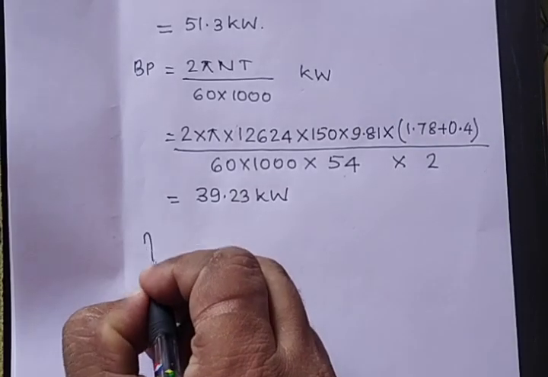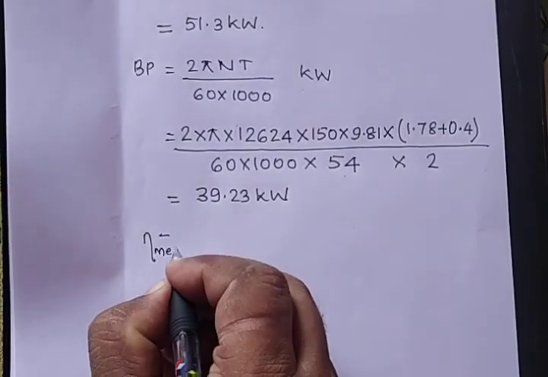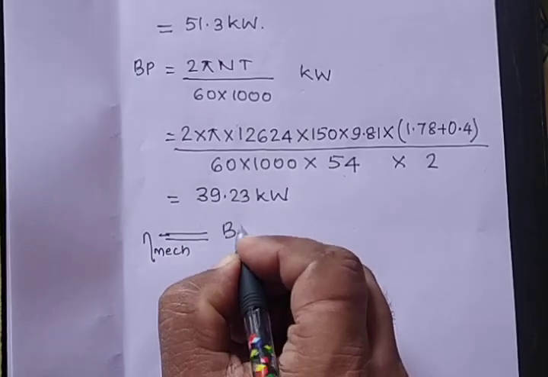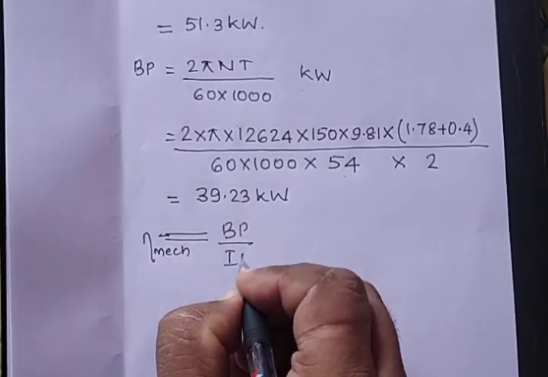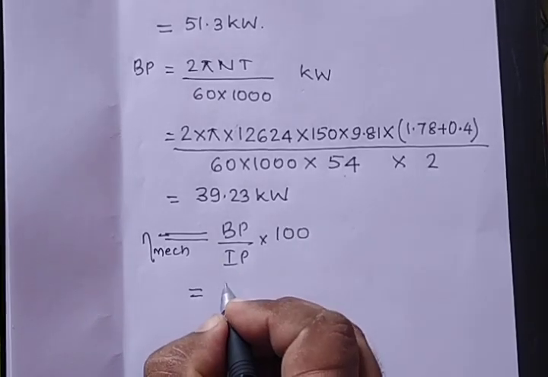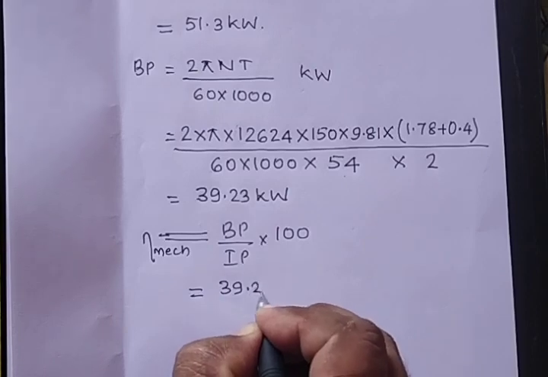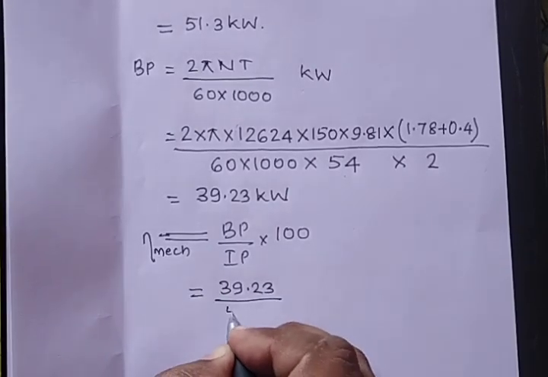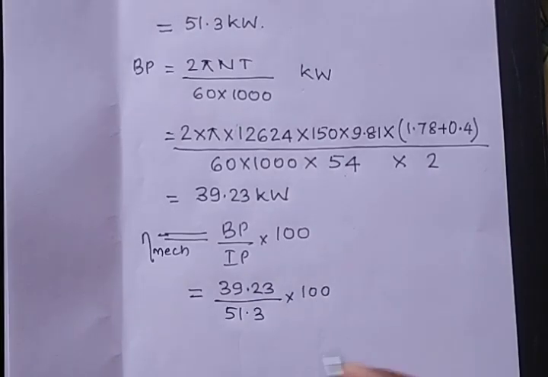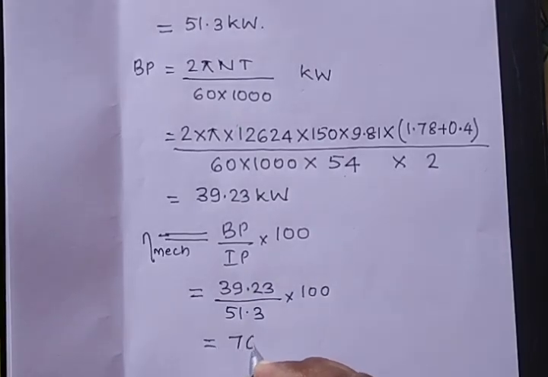So find out mechanical efficiency. So eta mech, we know the equation for eta mech. Eta mech is equal to BP divided by IP into 100. So what is the value of BP? It is 39.23 divided by IP value is 51.3 into 100. So we get the answer to be as 76.47%.